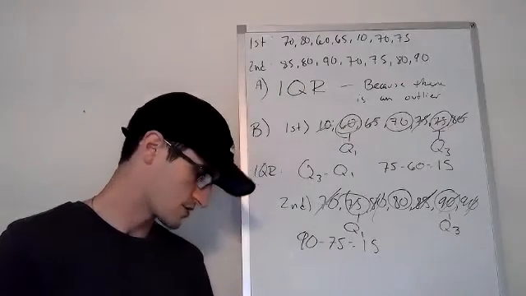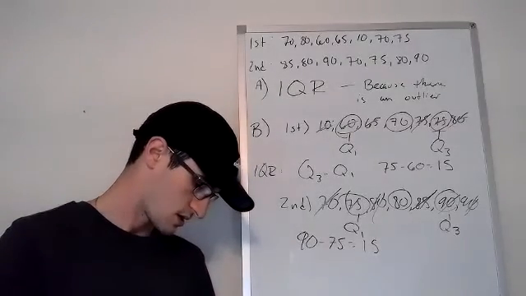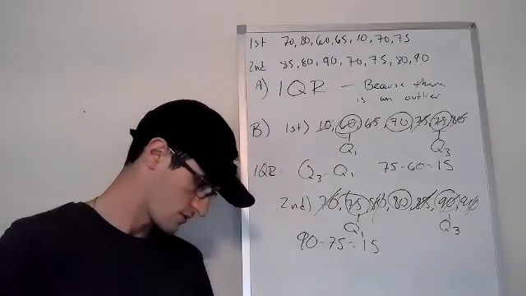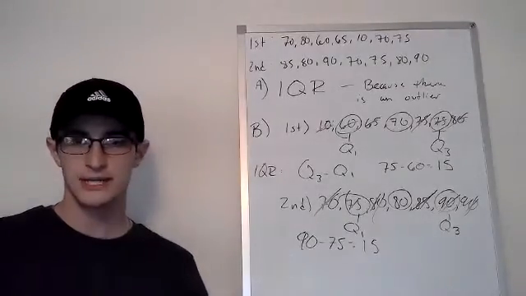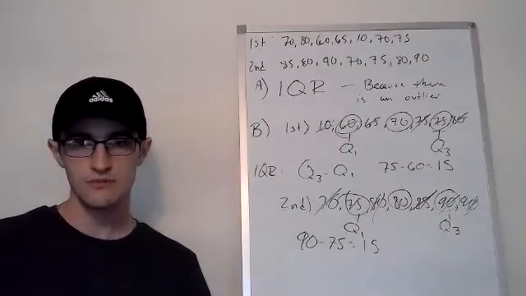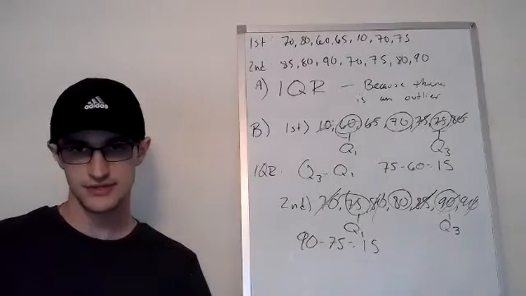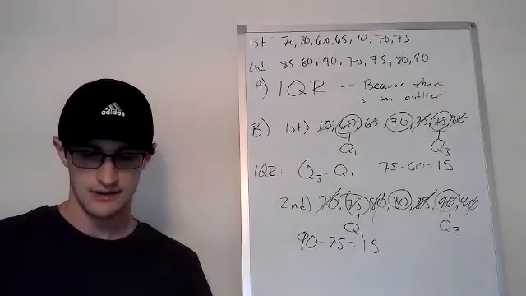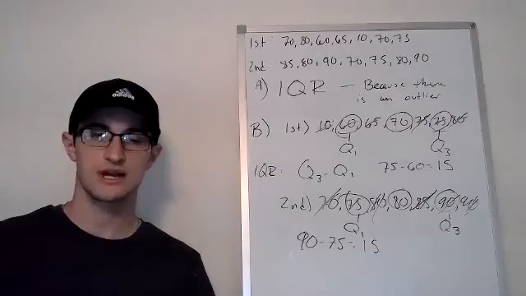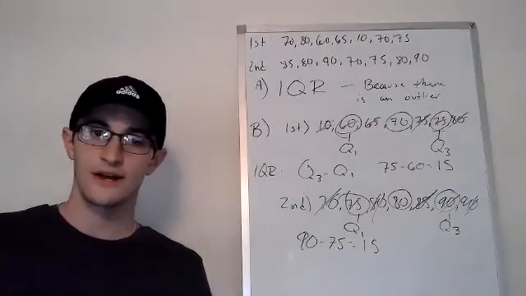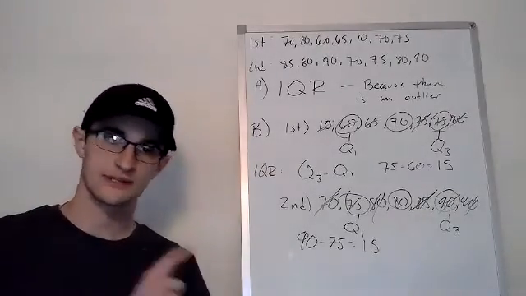Other than that, there's not much to it when it comes to interpreting it. It's just those two bubbles at the start there, where we talked about which is better with outliers and which is not. And again, if you have an outlier, you're going to want to use the IQR like we did here.